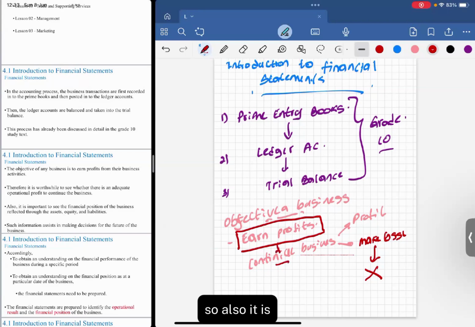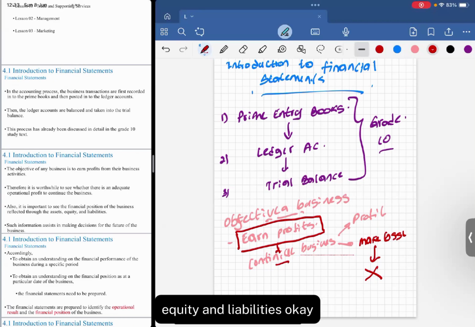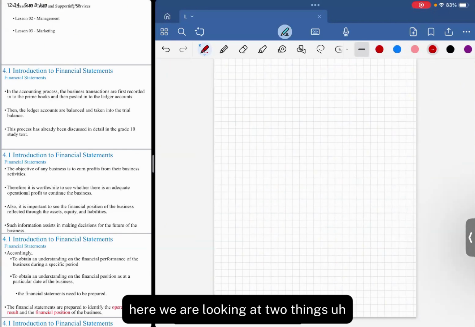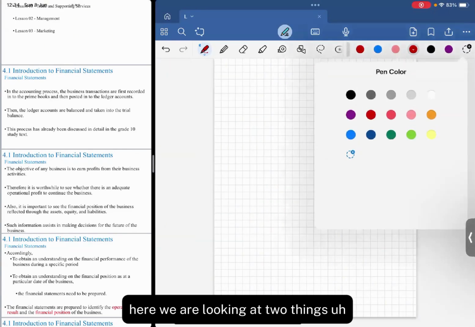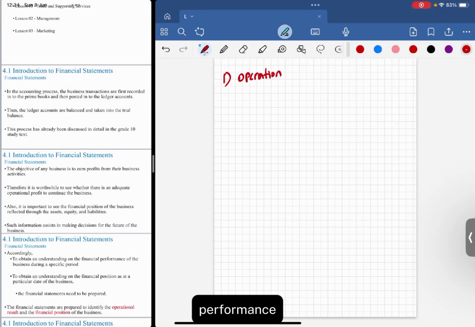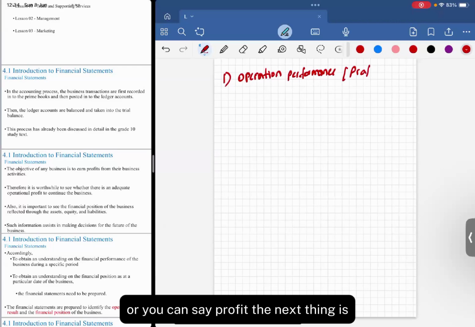So also it is important to see the financial position of the business, reflected in assets, equity, and liabilities. Now here we are looking at two things. One thing is operational performance, or you can say profit.